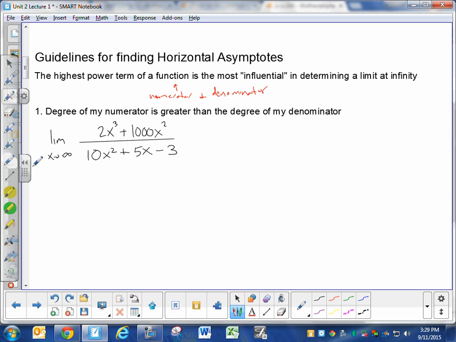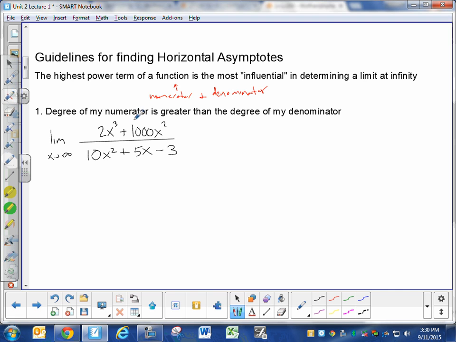Well, in the numerator, if I'm plugging in infinity, this 1000x squared in the grand scheme of big numbers is useless, like a decimal point compared to when I plug in big numbers and cube it.